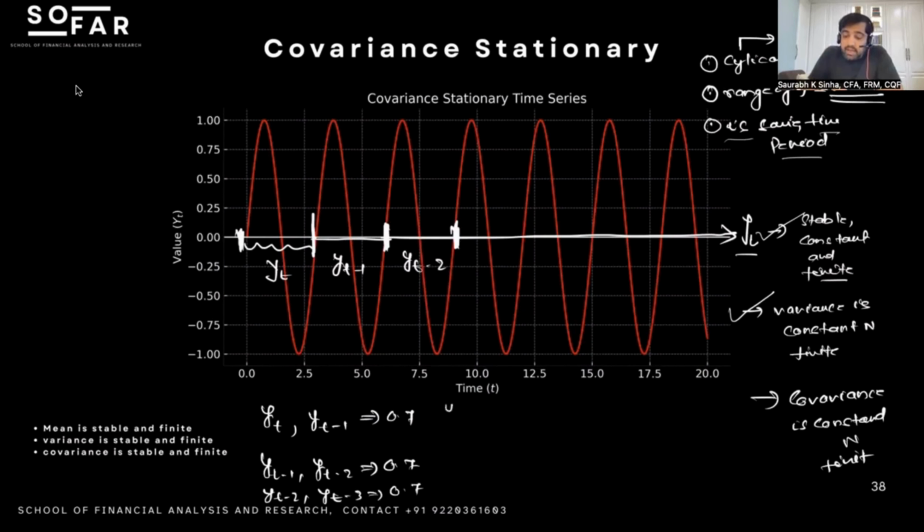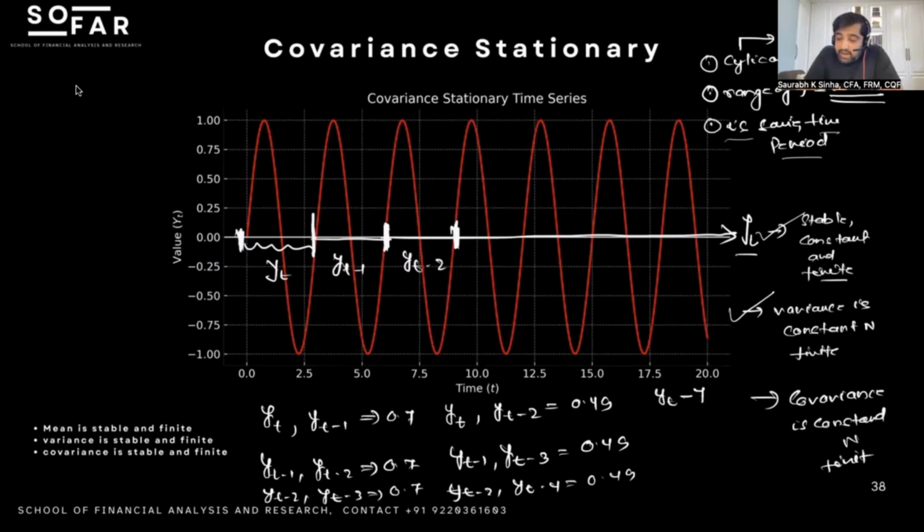And if the correlation between YT and YT minus 2 is 0.49, then the correlation between YT minus 1 and YT minus 3 is 0.49, and between YT minus 2 and YT minus 4 is 0.49. And if the correlation between YT and YT minus 3 is 0.2, then the correlation between YT minus 1 and YT minus 4 is 0.2.